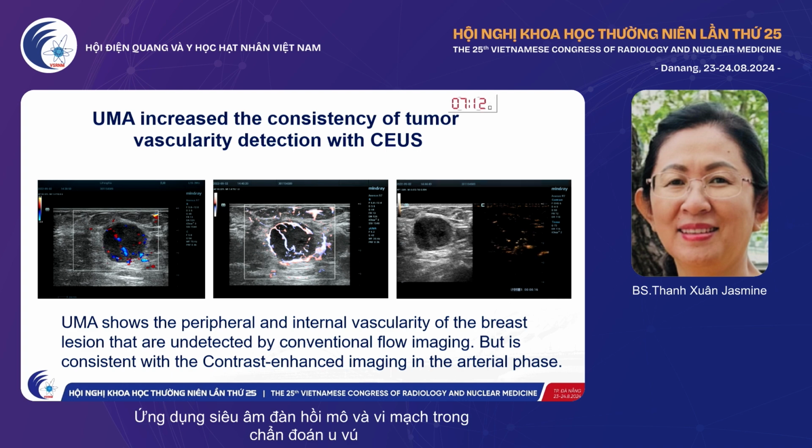Okay. You can see this is a contrast enhanced ultrasound of the tumor, and UMA increases the consistency of tumor vascularity detection with CEUS.